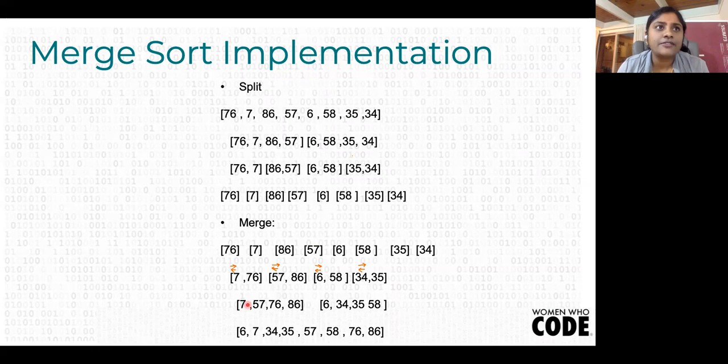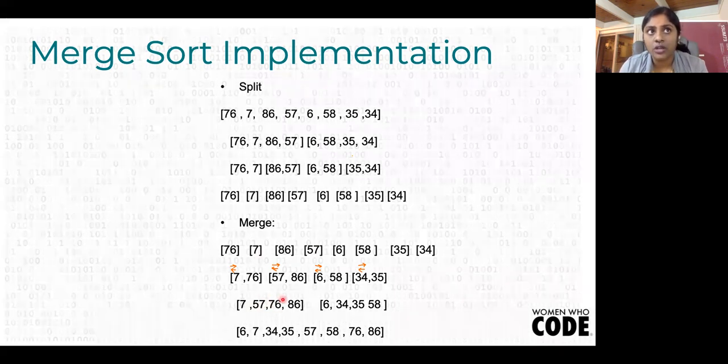So you have the left and the right. Comparing that again, consider this left and right. Now you sort these and then add it to the array. You keep repeating the steps until you end up with only one list.